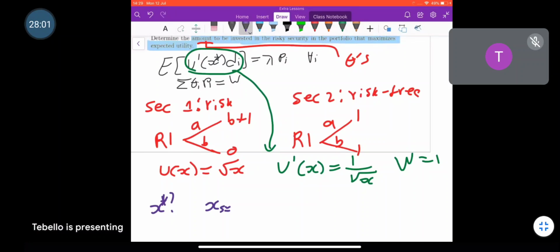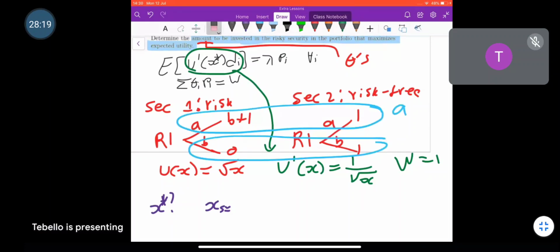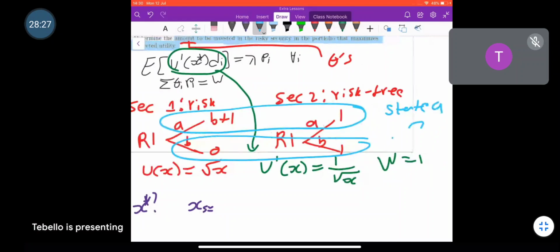Now when you buy these 2 assets, only one state will happen. Either this will happen or this will happen, but never both. So this is state A, and then state B.